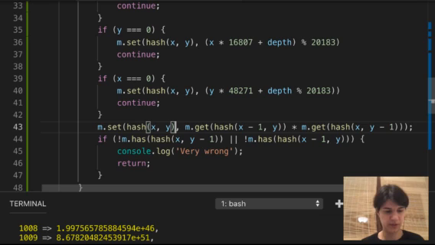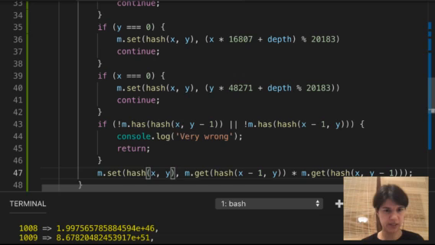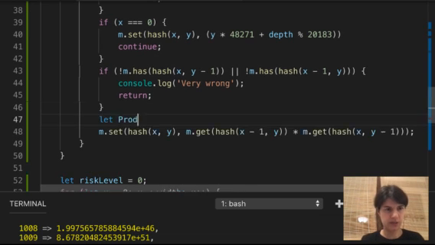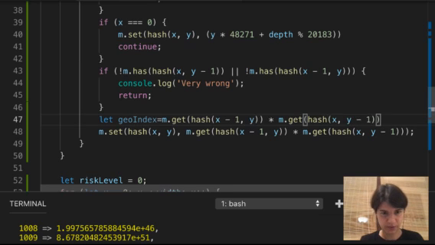So let's set it afterwards and break before. And we want to set this multiplied by this. That's the geo index, which is equal to the product. Okay.